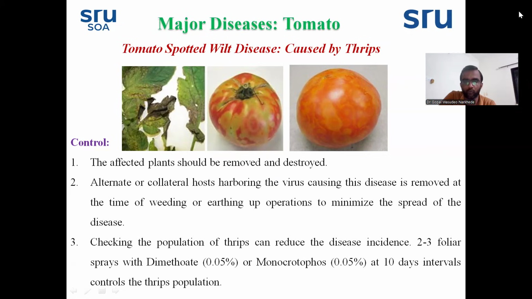Alternate and collateral hosts harboring the virus, if some collateral host is near your plot, you have to remove it immediately at the time of weeding or earthing up operation to minimize the spread of this disease. Then 2 to 3 foliar sprays with dimethoate 0.05% or monocrotophos 0.05% at 10 days interval control the thrips population.